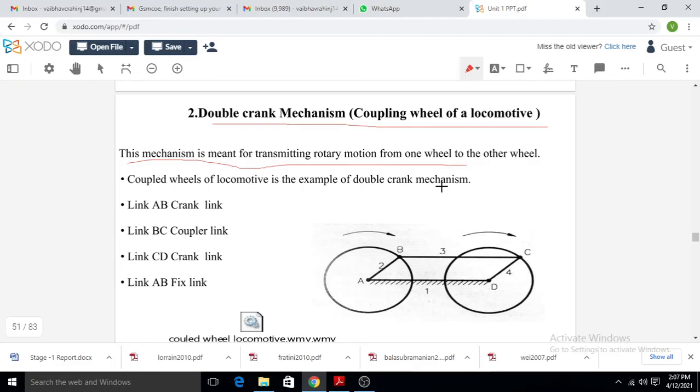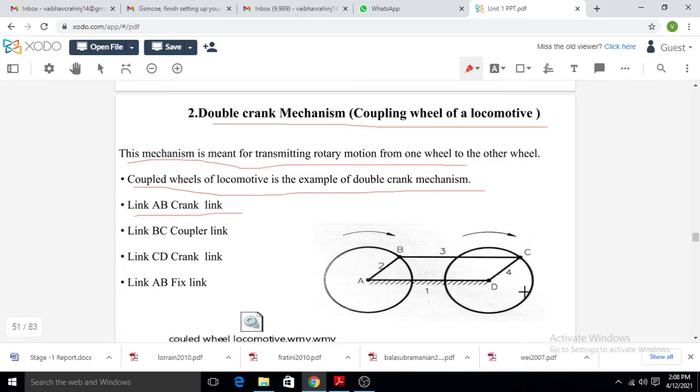The example is a train. In a train, a double crank mechanism is present. The coupled wheel of a locomotive is an example of the double crank mechanism. Here, link AB is a crank, meaning link 2 makes a complete revolution. Link BC is called the coupler.